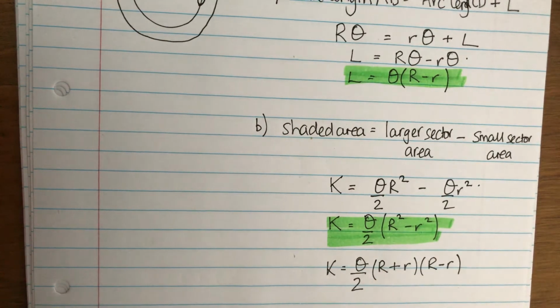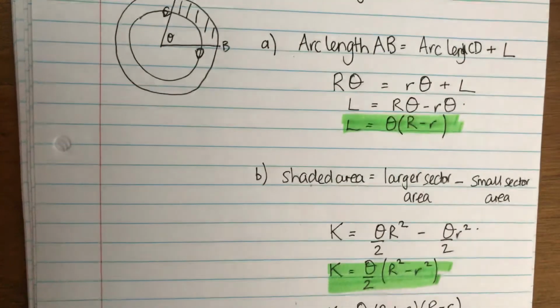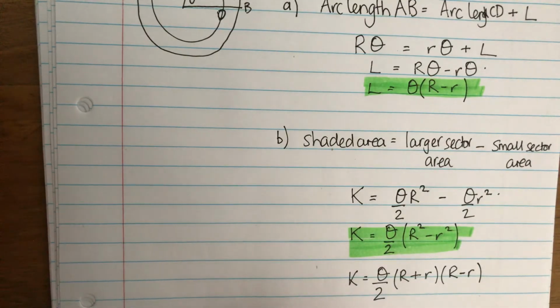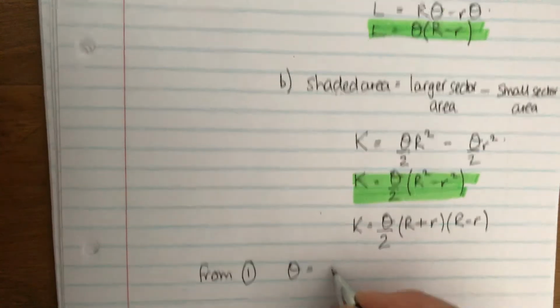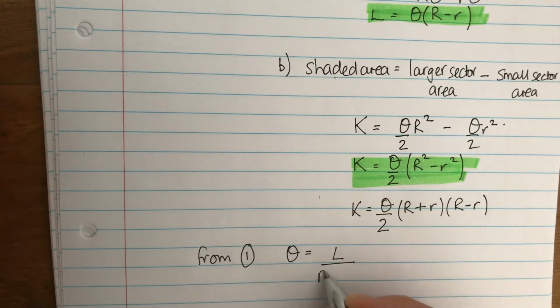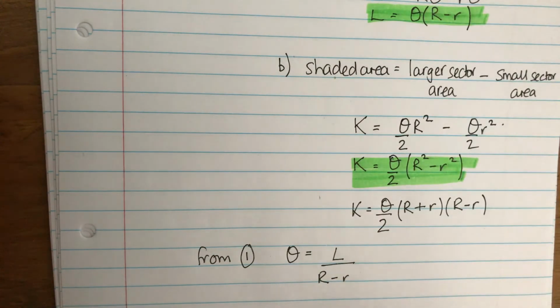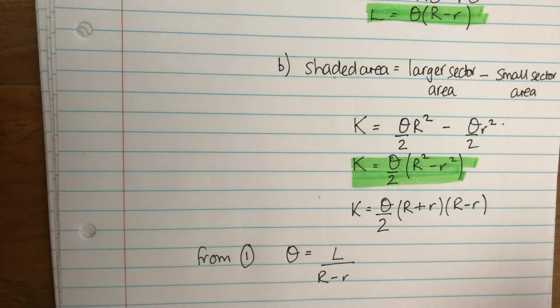Okay, so what I could do, well, let's try, let's have a think. We'll take from 1 that theta equals L divided by big R minus little r. Take that over there. And then by substituting this in here, I'm going to be able to eliminate theta.